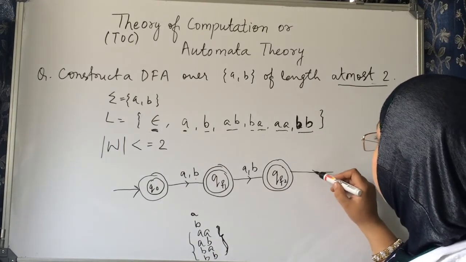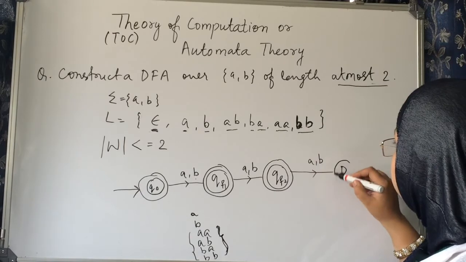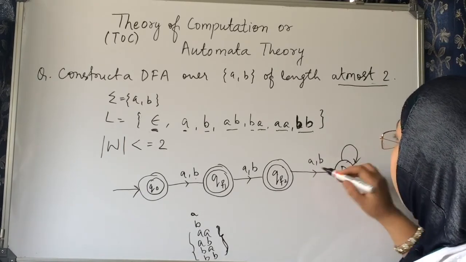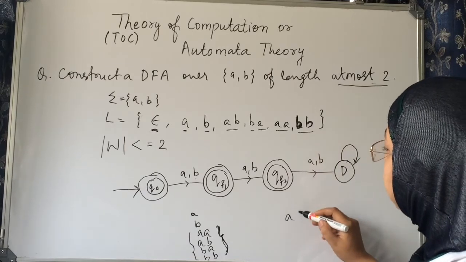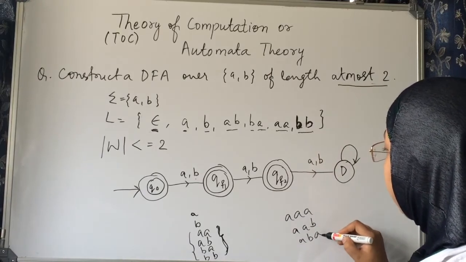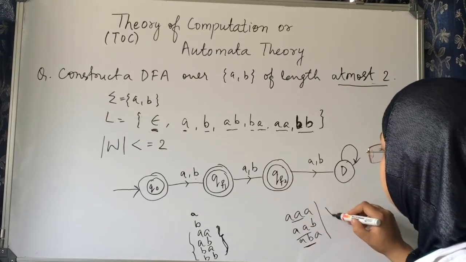So make a dead state here now, because it has to reject all these strings, AAA, AAB, ABA, anything more than these two symbols it has to reject.